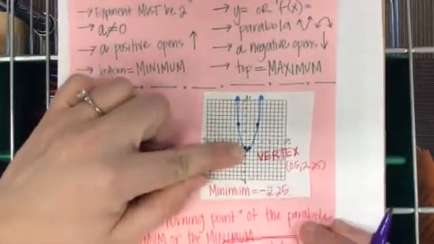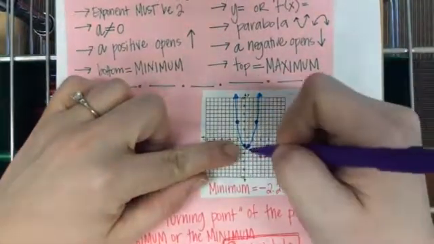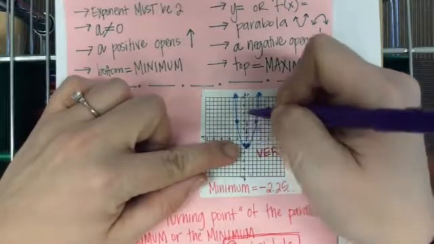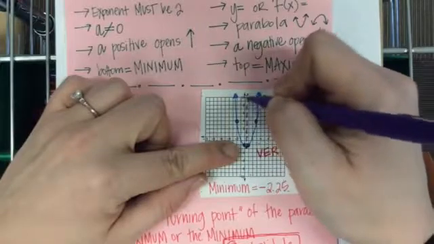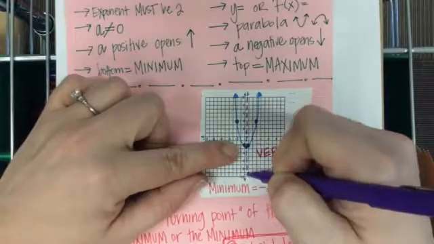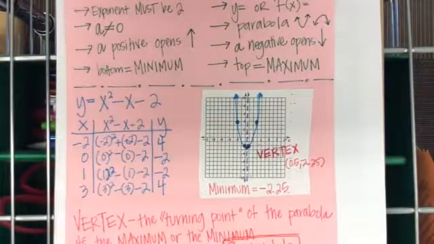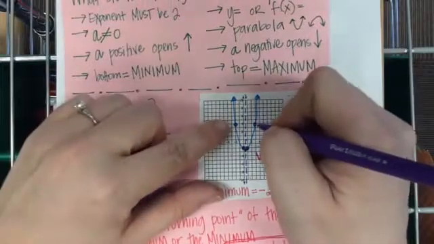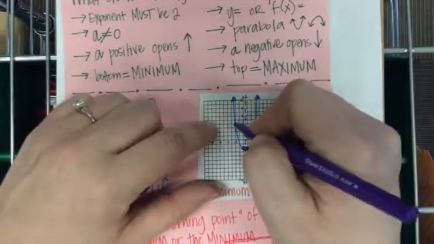So if I look here, here's my vertex. My axis of symmetry is the vertical line that goes through the vertex. Does that purple line that I drew divide the parabola in half? Yeah. And look, is this dot symmetrical to this dot?